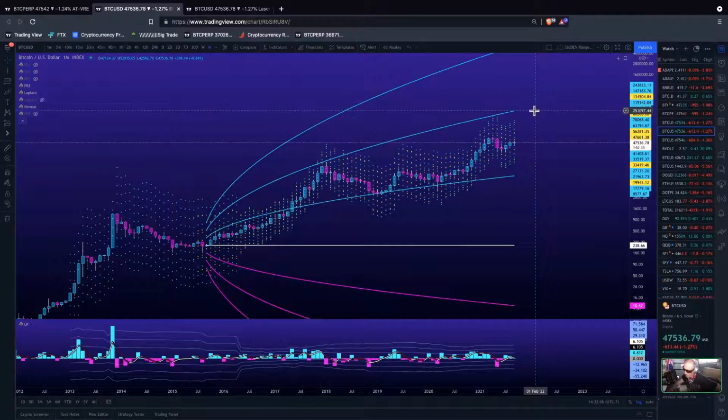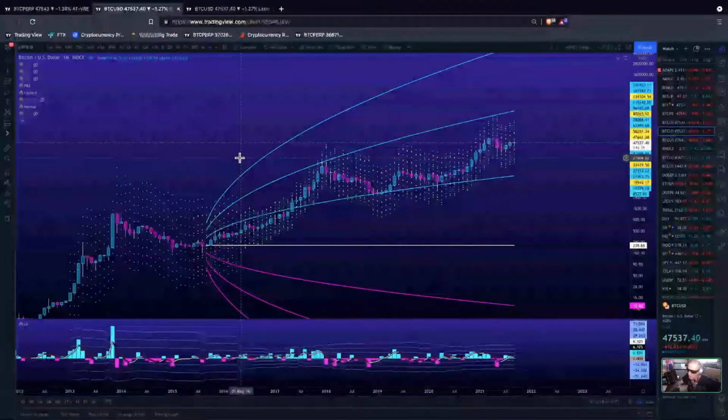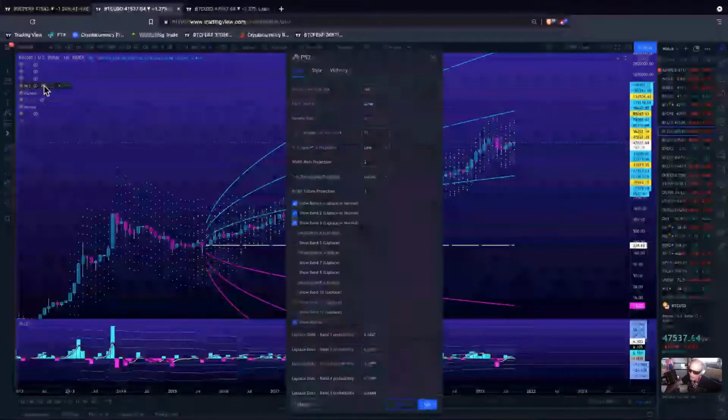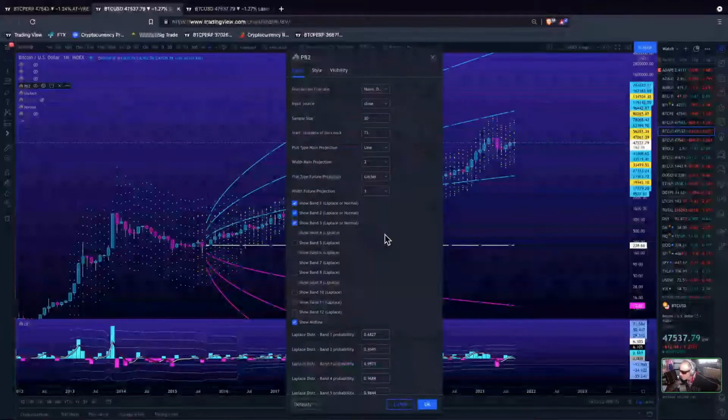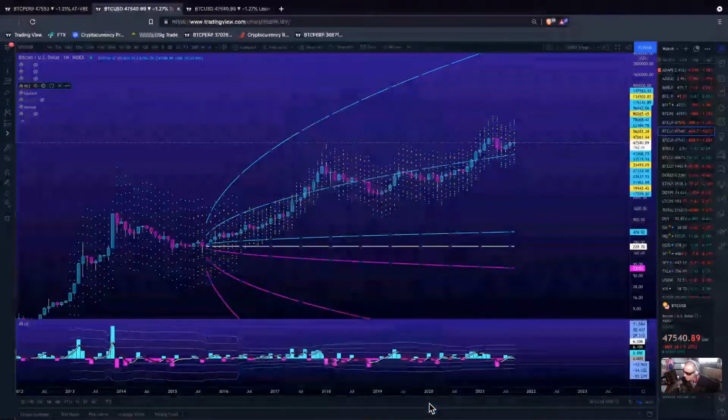So, do I think this projection is still valid? It very well could be. And if we make a run, let's move this out a bit. Let me see here. You know what? Let me flip this on Laplace distribution. Yeah, you can see the difference from normal and Laplace distribution.